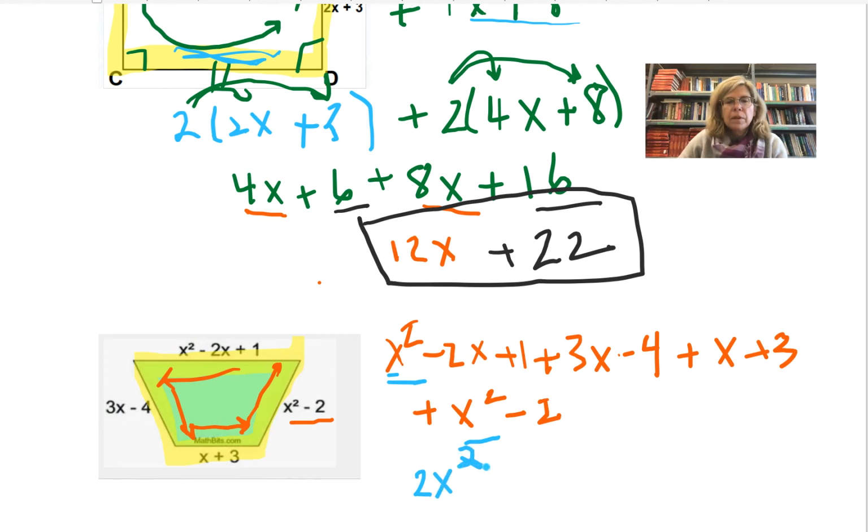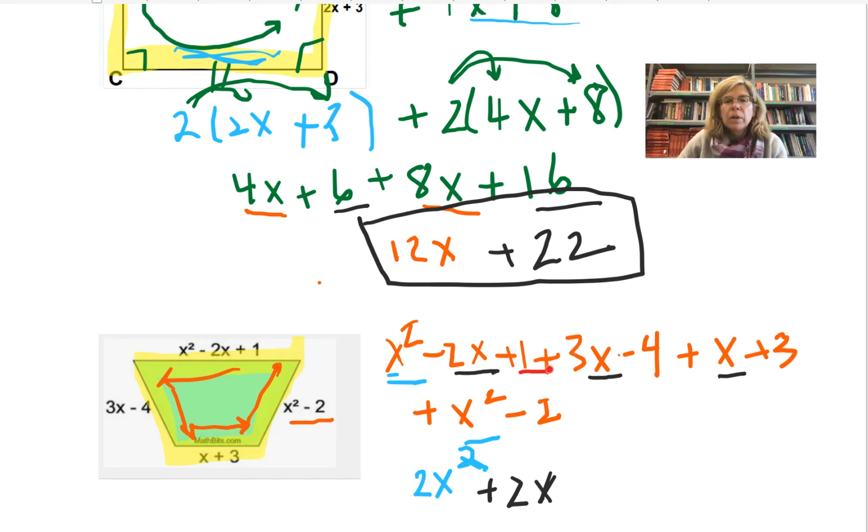Then I have a minus 2x and a 3x and an x. That's 4x minus 2x, so that's plus 2x. Then I need my constants, which will be in red.